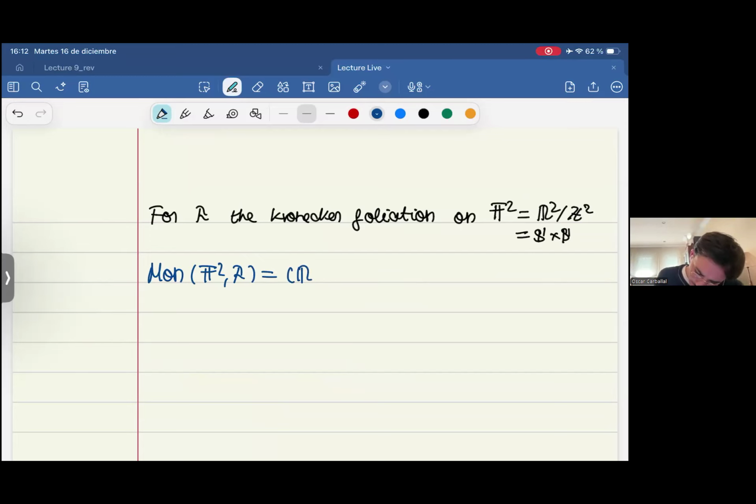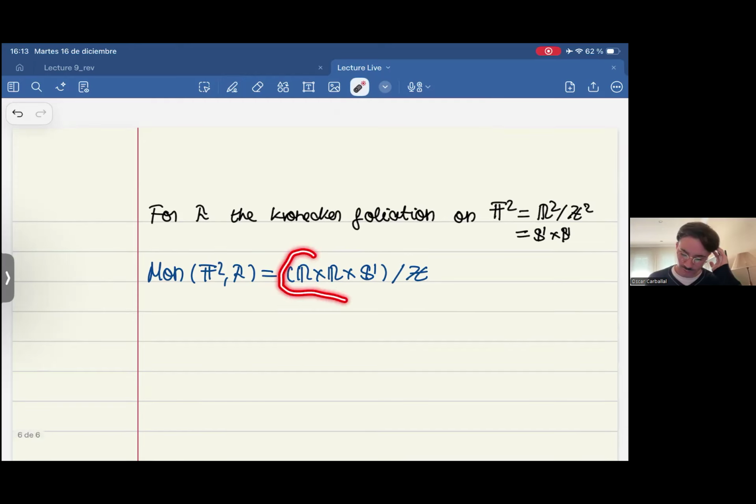can be, is this thing here, right? And to check this formula, I will refer to the book of Mackenzie and Moerdijk, when they compute this kind of identities for a very general class of monodromy groupoids and also for holonomy groupoids. And to explain this formula, what we have here is just the universal covering space of the two-dimensional torus, right?